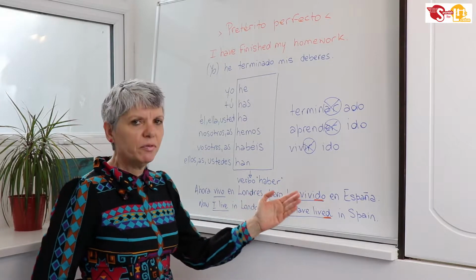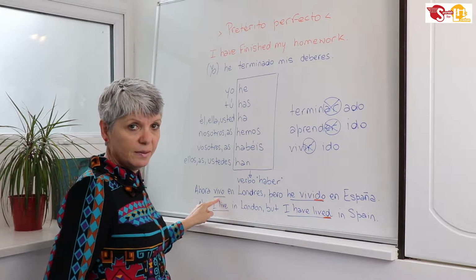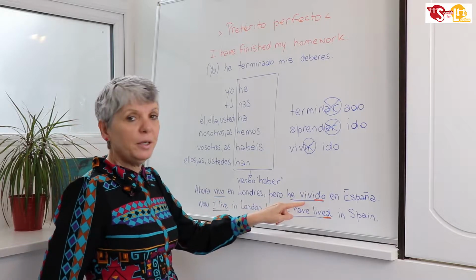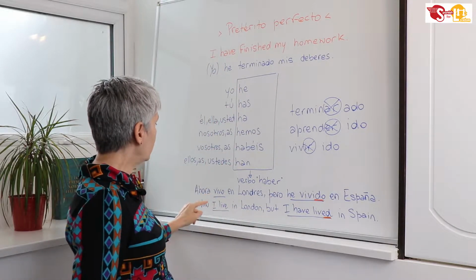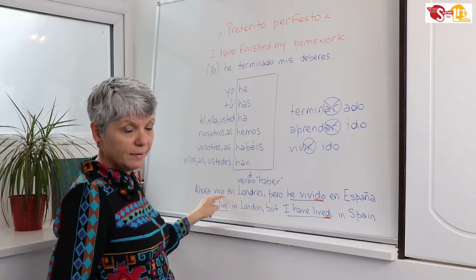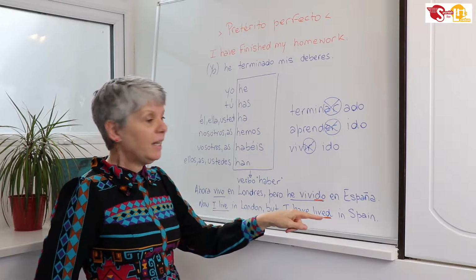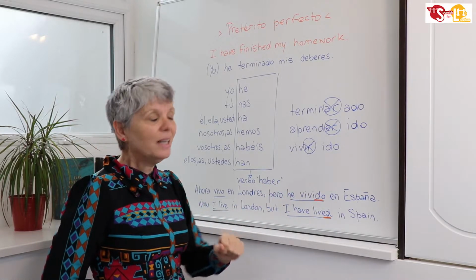So in this simple phrase, I am using two tenses, vivo, which is a simple present, and he vivido, which is the present perfect or pretérito perfecto. So now I live in London, ahora vivo en Londres, but I have lived in Spain, pero he vivido en España. Okay?